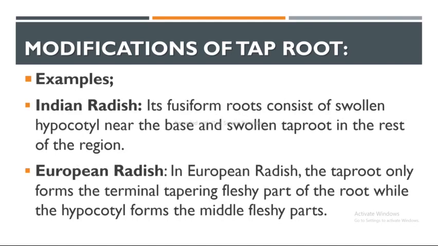The first example is the Indian radish. Its fusiform root consists of swollen hypocotyl near the base and swollen taproot in the rest of the region. And the second example is the European radish. In European radish, the taproot only forms the terminal tapering fleshy part of the root, while the hypocotyl forms the middle fleshy parts.